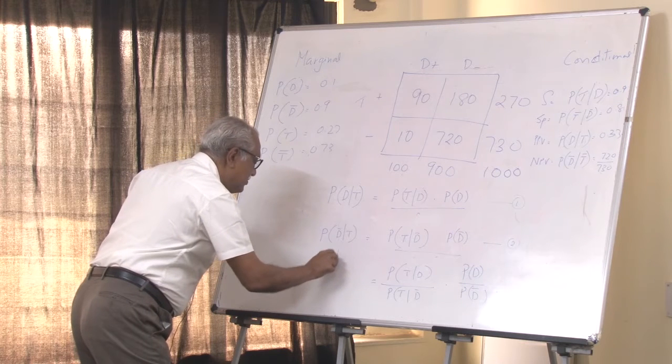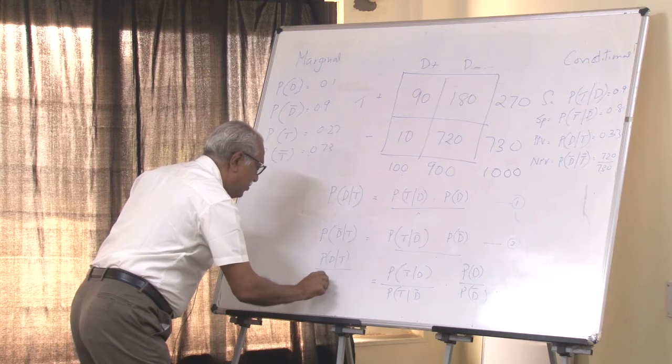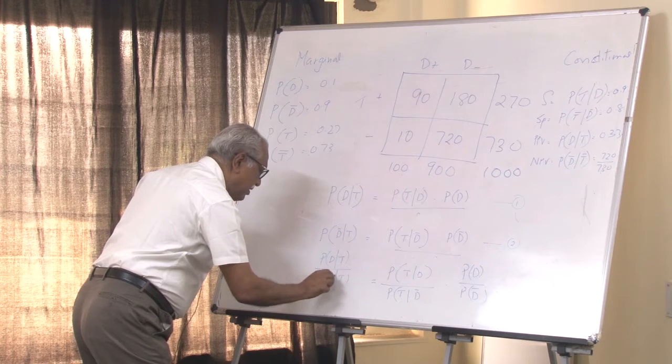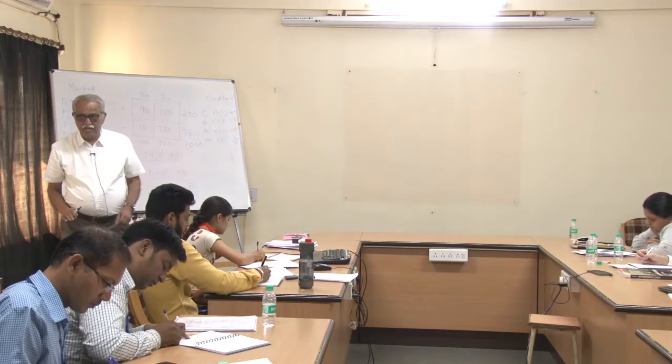Probability of disease given test divided by probability of no disease given test. Write it down, check it out. If everything is right, we are in good shape.